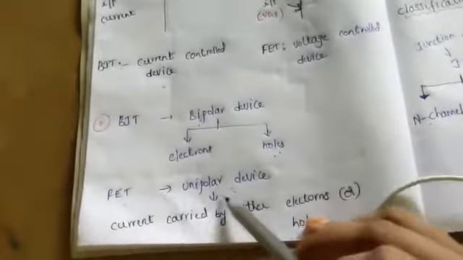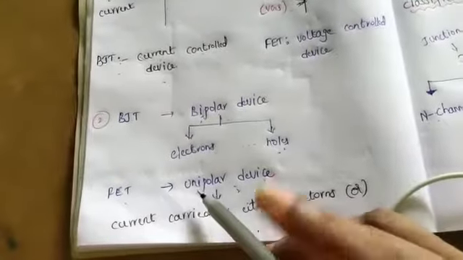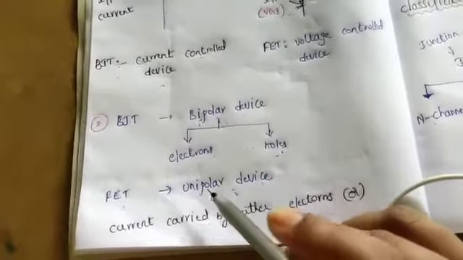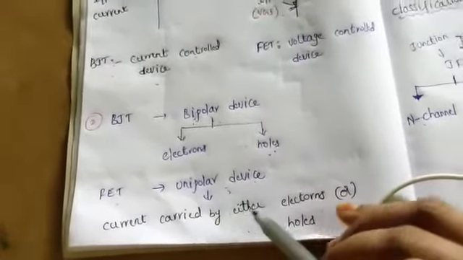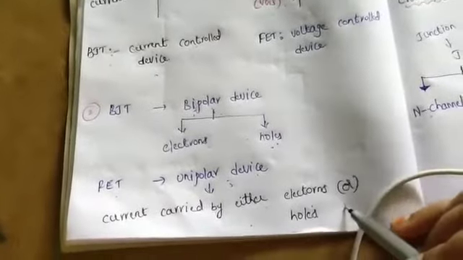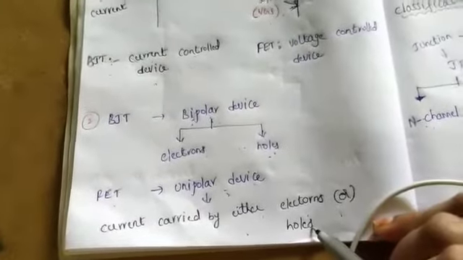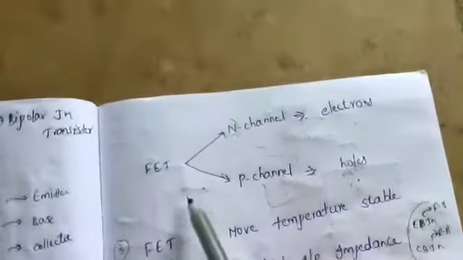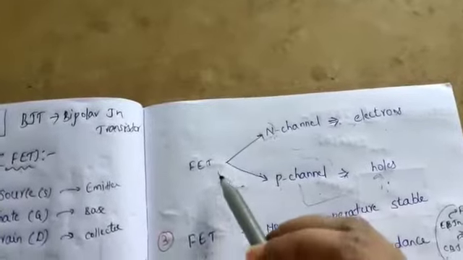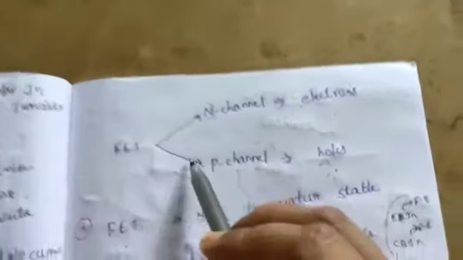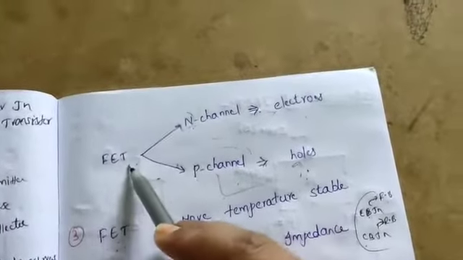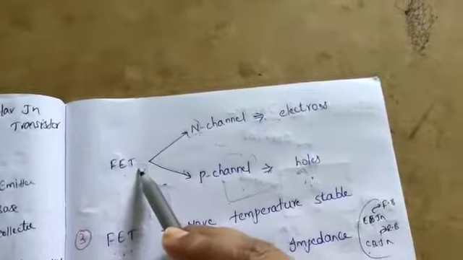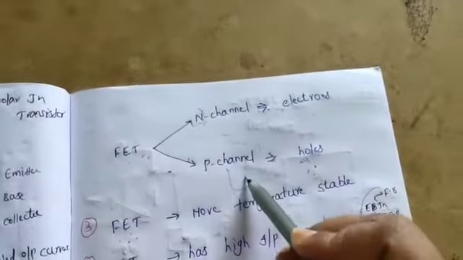Next, the FET is a unipolar device. Uni means 1, so the current is due to only a single polarity of charge carriers. Maybe the current is carried by either electrons or holes, depending on the type of FET. Just like transistors have 2 types, NPN transistor and PNP transistor, in a similar way FETs are classified into 2 types, N channel and P channel, right.